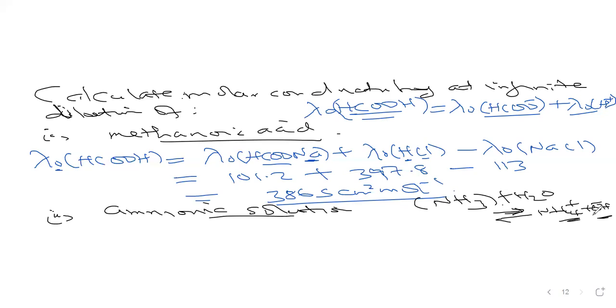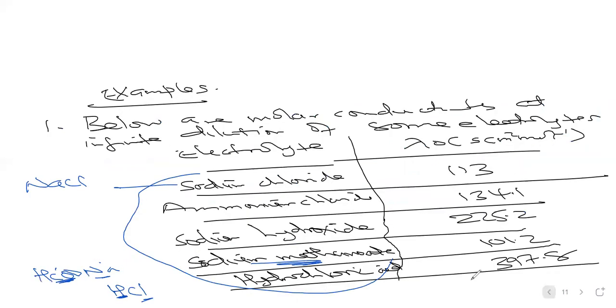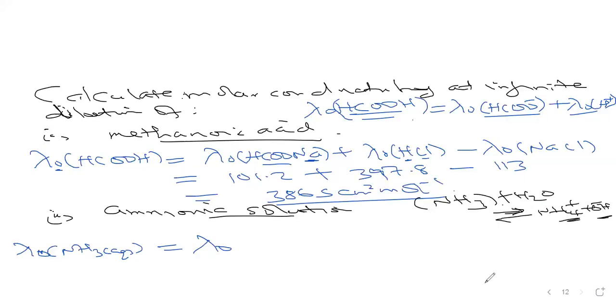So those are the ions you shall look for. So what will be my answer? I'll say molar conductivity at infinite dilution of ammonia solution, ammonia aqueous, will equal to the molar conductivity at infinite dilution of what? Where is anything related to ammonia? I have ammonium chloride. That's where I'll get the ammonium ion from.